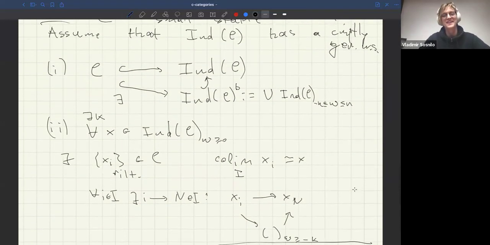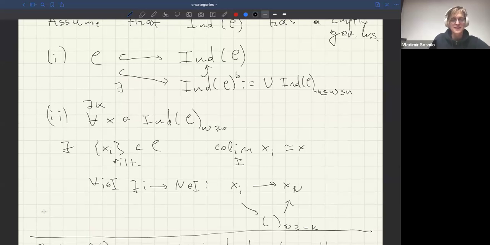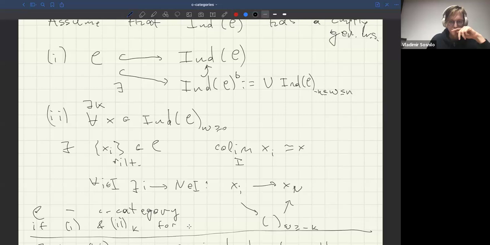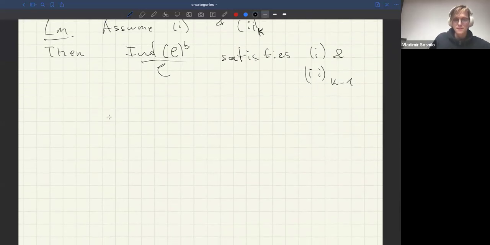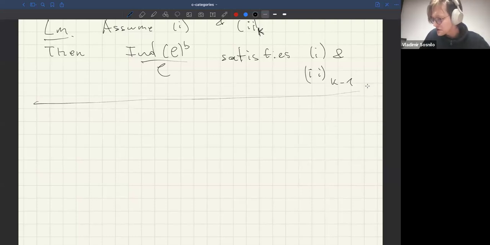Okay, and so to finish the definition, I want to say that C is a pre-C category if 1 is satisfied, and C is a C category if 1 and 2 are satisfied for some K. Okay, I spent quite a lot of time already on this, much more than I expected.